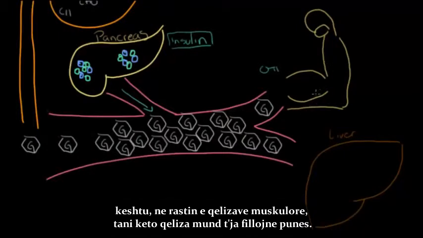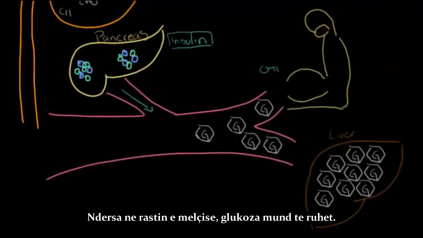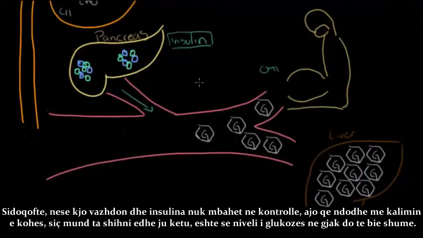So in the case of the muscle cells, those cells can now start to do work, and in the case of the liver, the glucose can be stored. However, if this just kept going and insulin wasn't kept in check, what would happen over time, as you can see here, is that the blood glucose level would get too low.